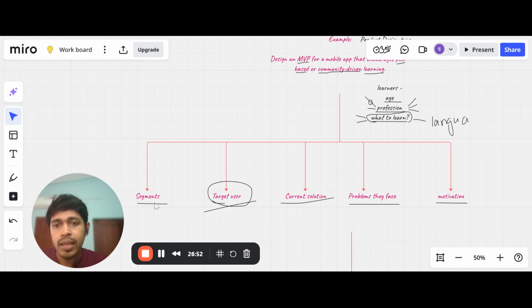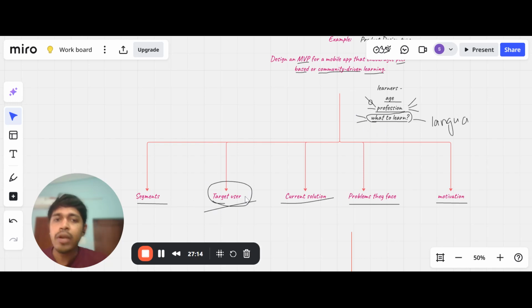Instead, you can think of segments first, like I said, and come up with some criteria, and then ask the interviewer, I'm thinking of this criteria, and I'll probably pick this criteria. Does that sound good? And he might say, yeah, it's good. So then you go ahead. Then you segment the users into 4 or 5, and then select one target segment.